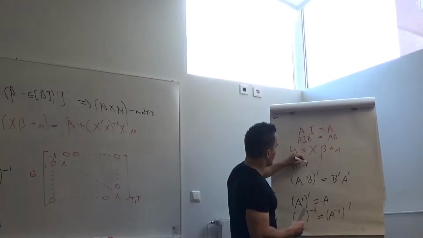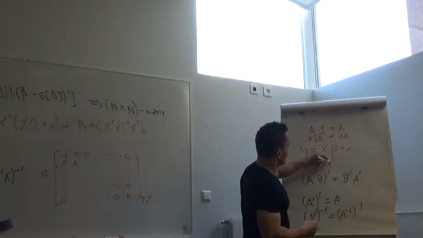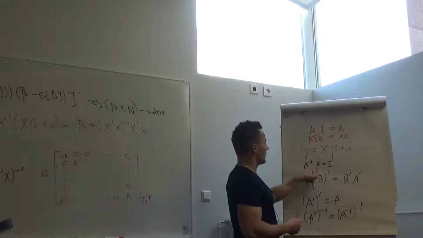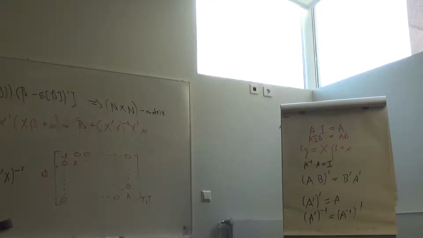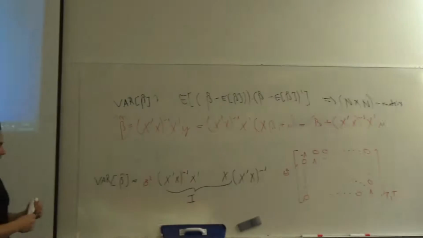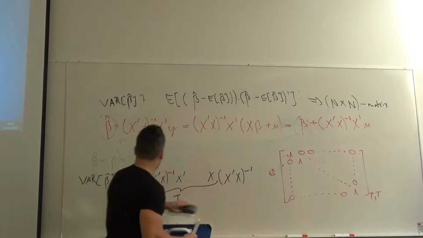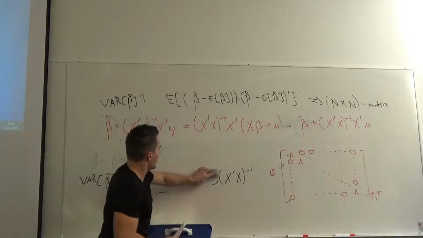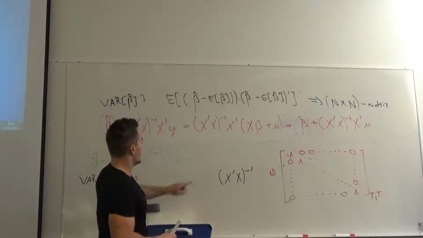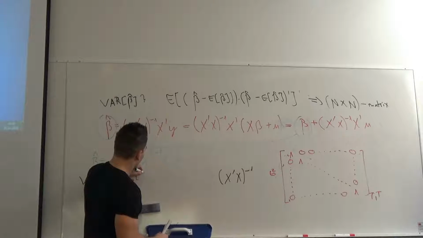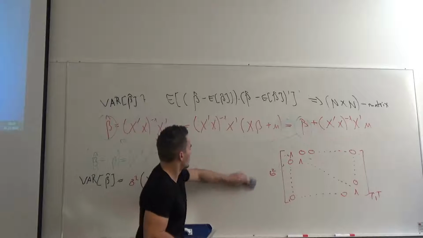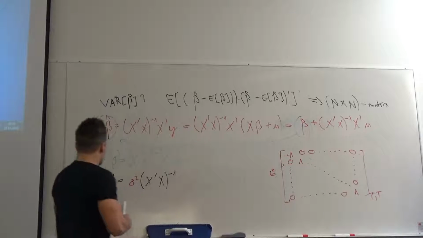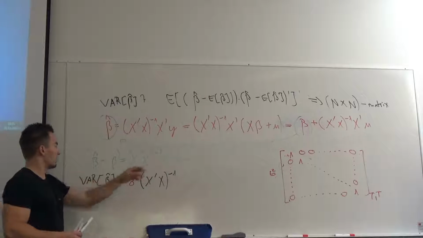Matrix A inverted times itself is the identity matrix, if we define A as X prime X. So we can take this guy away as well. What remains is sigma squared times X prime X inverted.